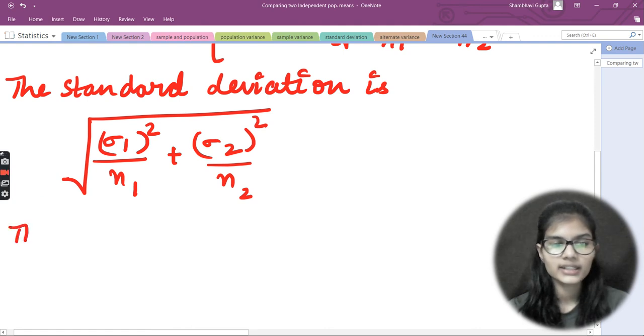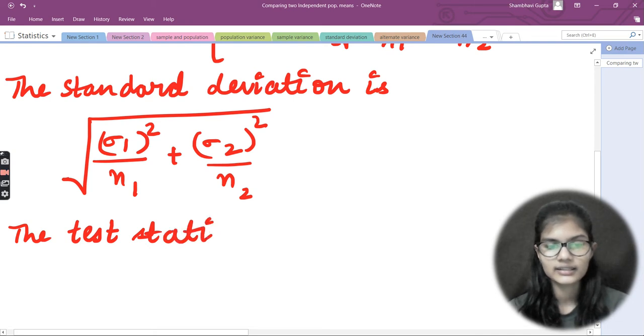After that we have the test statistic, which is actually the z-score.